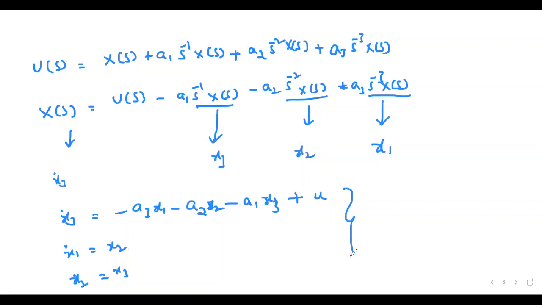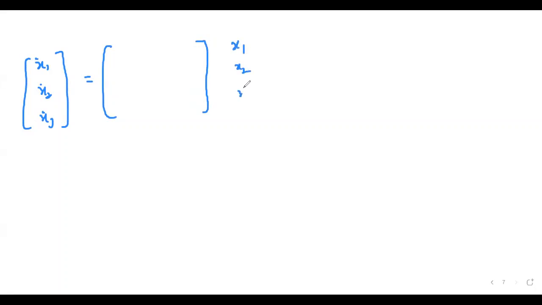Therefore if you write the state equation from these 3 equations, x1 dot, x2 dot, x3 dot, the state equation is equal to a 3 by 3 matrix into x1, x2, x3 plus the input matrix into u.